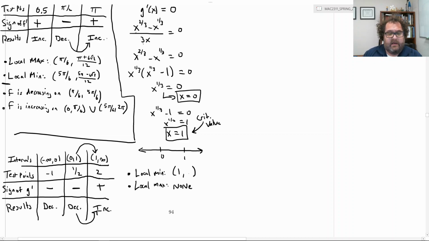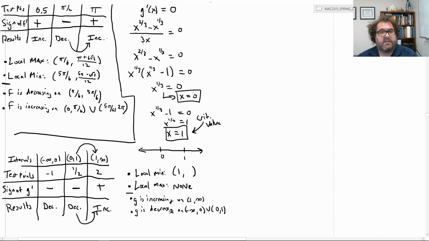If we want to jot down the increasing, decreasing behavior, we could say g is increasing on 1 to infinity, and g is decreasing on negative infinity to 0, union 0 to 1.